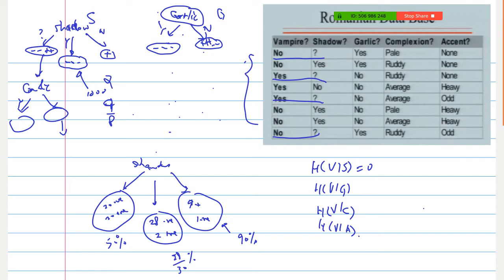And let's say if this is the smallest one, then we'll start with that test. Now, with that test, how to pick the next one? We can simply compute H(V|S,G), H(V|S,C), H(V|S,A), and so on. Again, you pick the minimum one and use that as the second test.